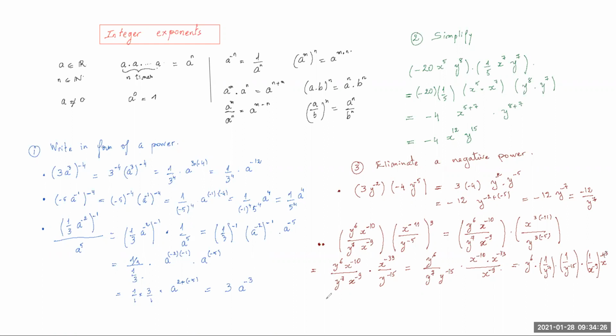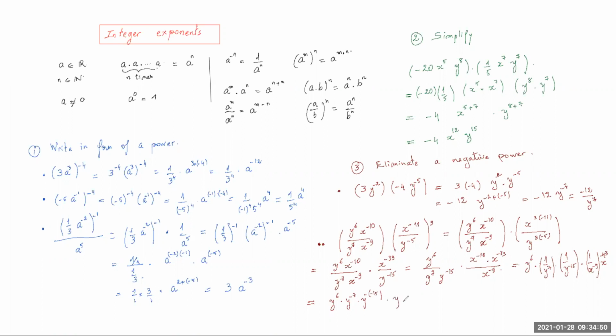Okay, so just to have room here. Why did I do that? To show that I have something 1 over y power n, so it will be minus n. So I will have y power 6 times y power minus 7, and I have also y power minus 15. And do the same for x.